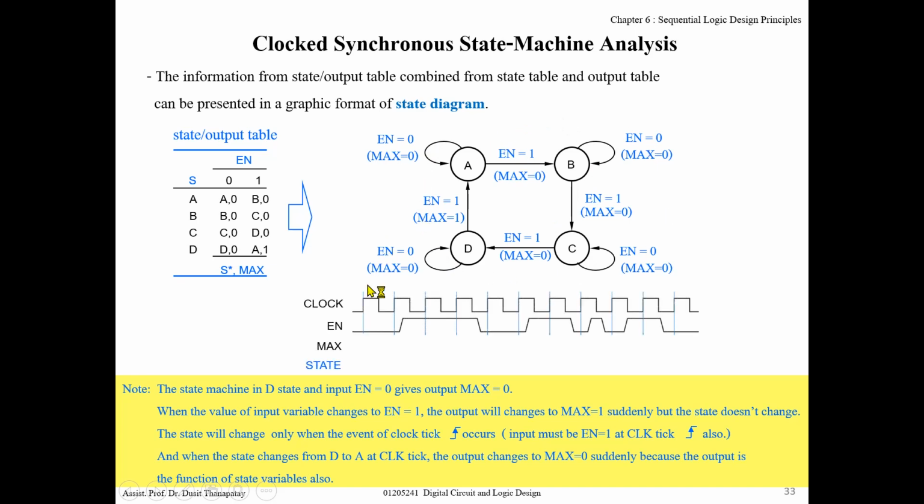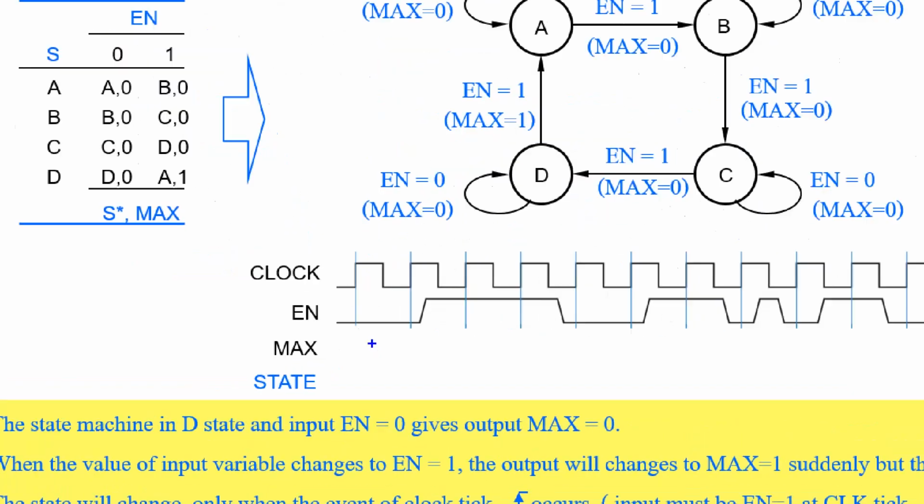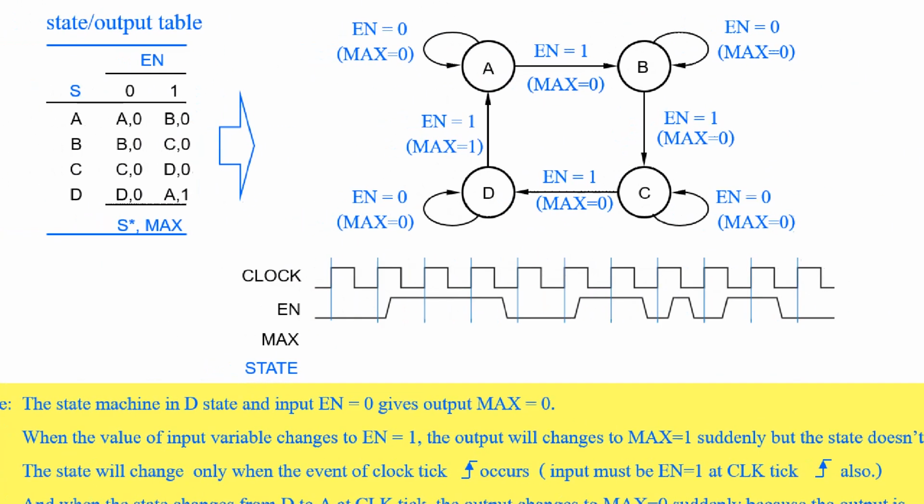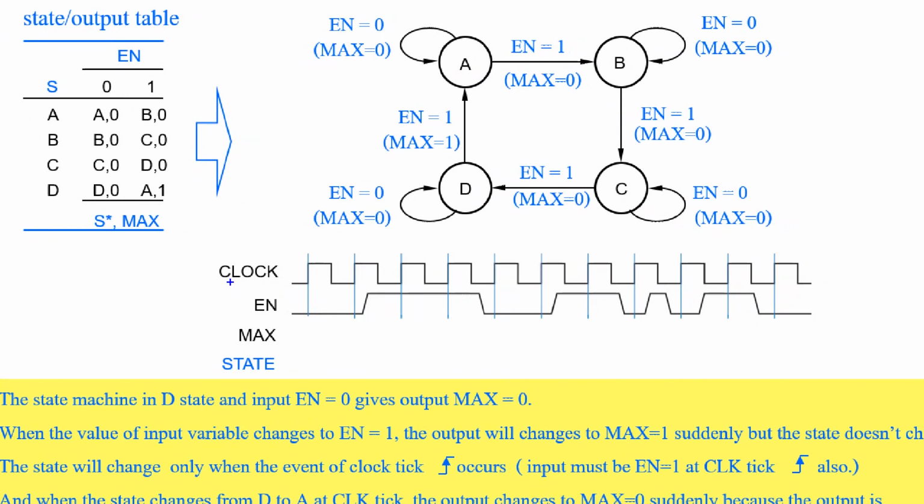And this one just gives you a timing diagram. Timing diagram is also an important thing that you should analyze. To analyze the output, if you know input and clock, you can determine the output following this timing diagram.